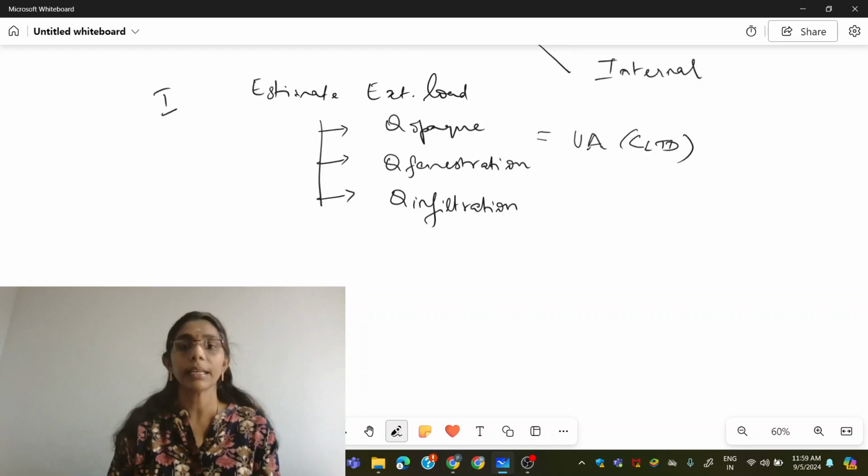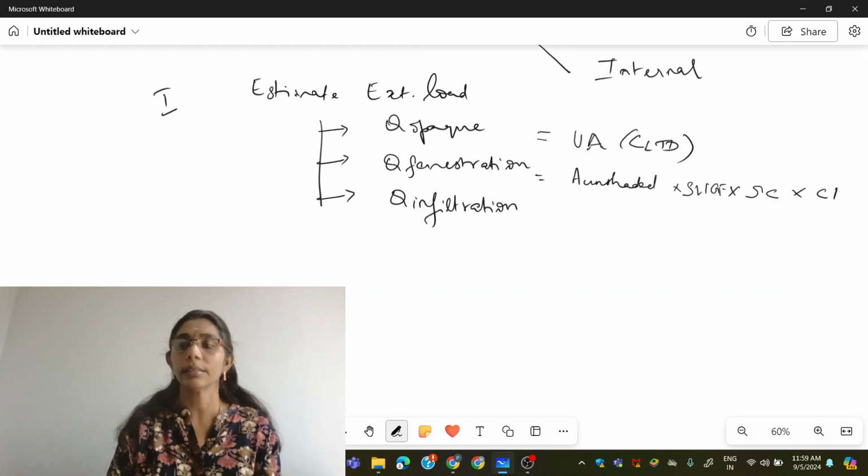So next, when we calculate the fenestration, this is unshaded because we are talking about the windows, right? And the glass area into SHGF, and then you have the shading coefficient and then you have the CLF.